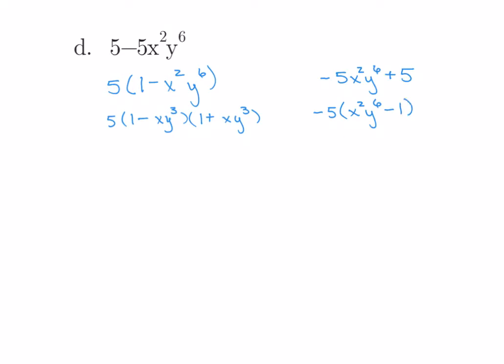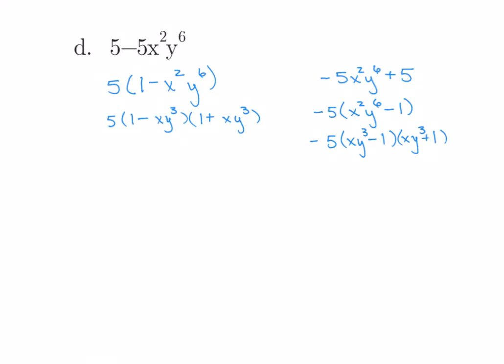We still get difference of squares, so I'm going to bring down my negative 5. And if we factor this, we get x and x, y cubed and y cubed. 1 is still 1 and 1, and we still get our plus and minus, or our minus and our plus.